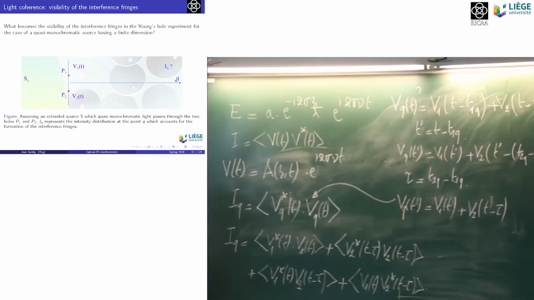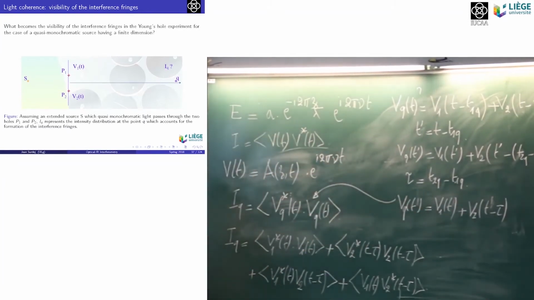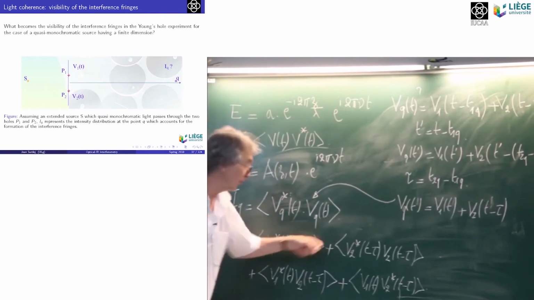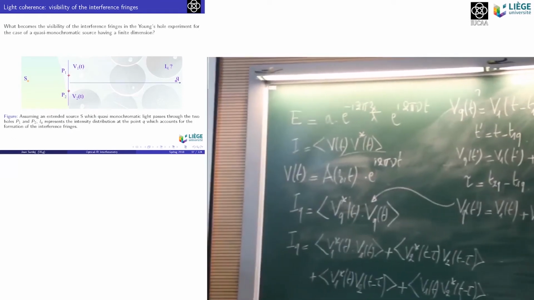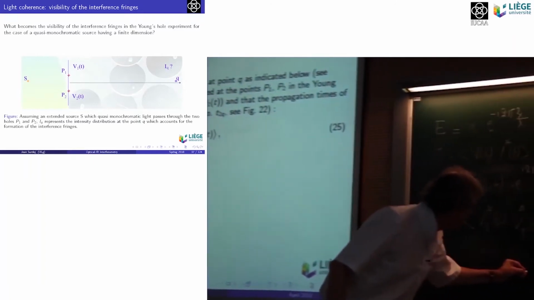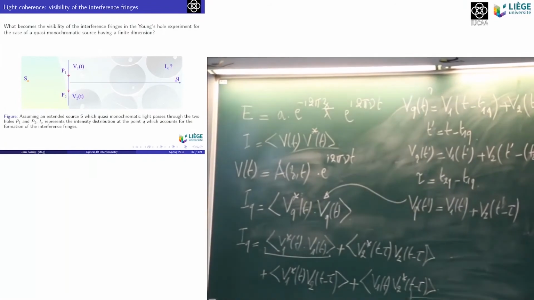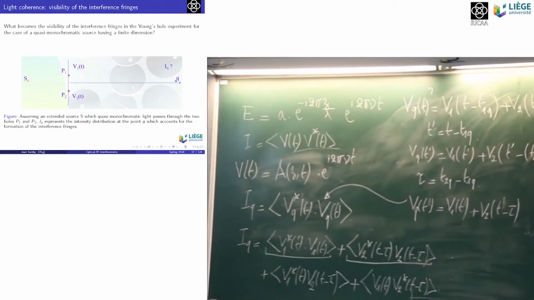So I have 2 factors here, 2 here. Then I just distribute, and I get 1, 2, 3, 4. Now let's assume for simplicity that my 2 holes are identical. So what does this represent? Well, this represents the intensity due to hole 1. This is also a time average. And this represents the intensity of hole number 2.